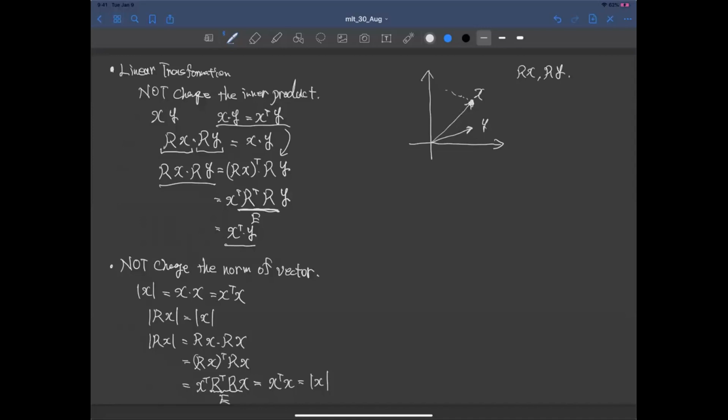Rotation means like this. Let's say Rx will be here, and then Ry is also here, so the angle is the same.